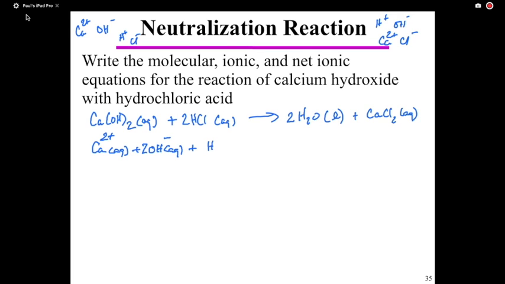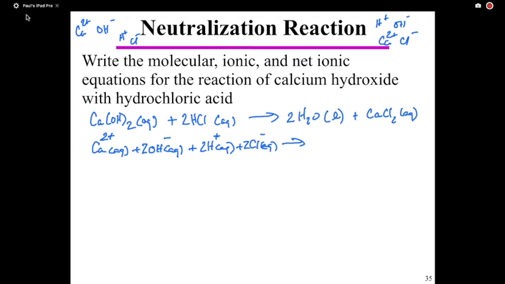Hydrogen, or the proton. What charge does it have? +1. How many do I have of them? 2. Label it. What is the anion? Chlorine. What is its charge? Negative. How many do I have? 2. And it is aqueous.